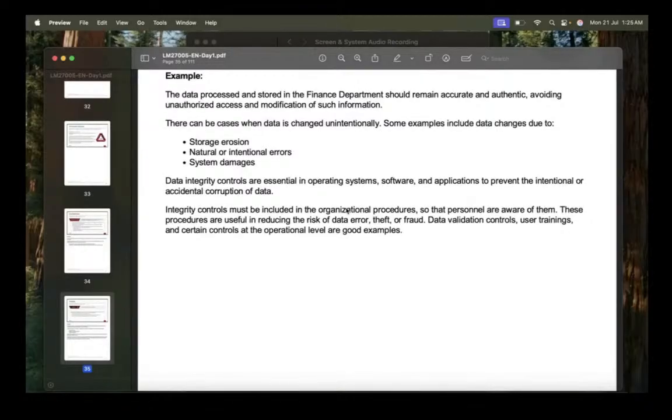These procedures are useful in reducing the risk of data error, theft, or fraud. Data validation controls, user training, and certain controls at the operational level are some good examples of how you can keep integrity controls. These are some things organizations must and should do in order to protect their data.